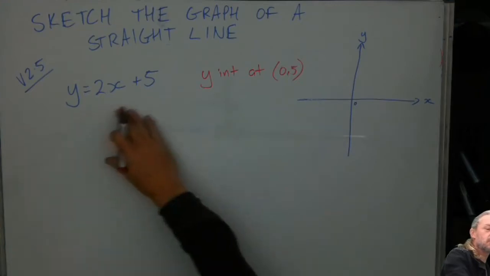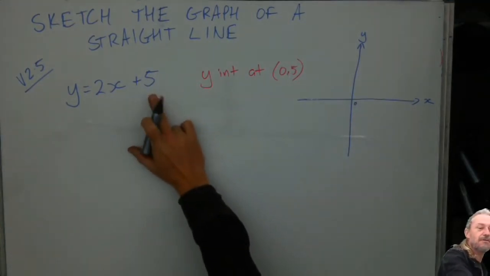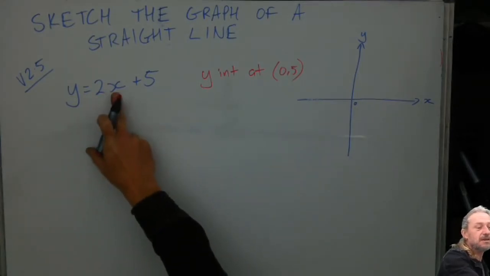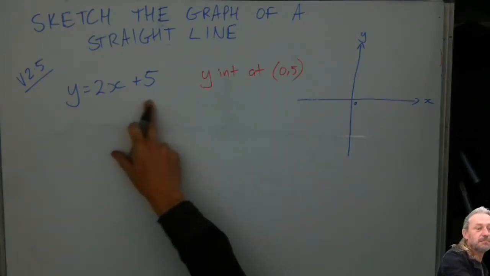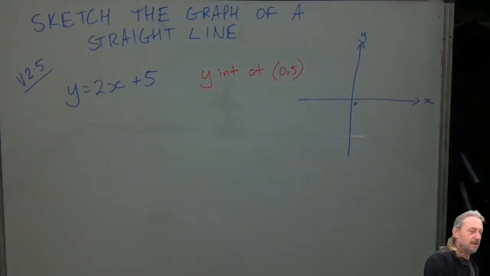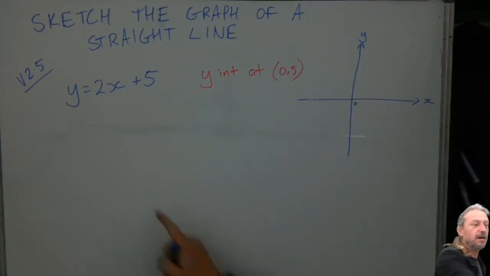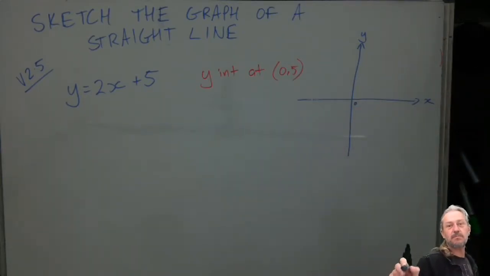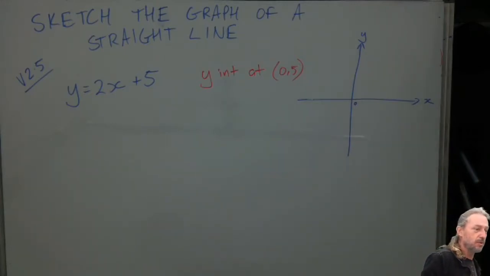So straight from just looking at the equation, I've already got 1 point. When we plug 0 in here, 0 times 2 is 0, plus 5. Then, because this is positive, I know it's going upwards. Every one step, it goes up 2.